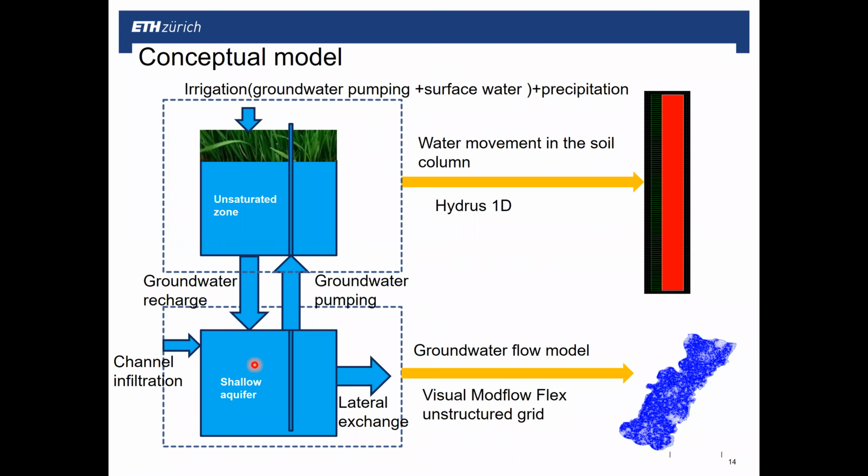And for the aquifer, of course, we pump out for irrigation, and we also receive a bit of canal infiltration, and some lateral exchange between the aquifer in Guantao and the aquifer outside of Guantao. And for the water movement in the soil column, we will simulate it using the HYDRUS-1D software. And for the groundwater flow model, we will develop it in Visual MODFLOW Flex.